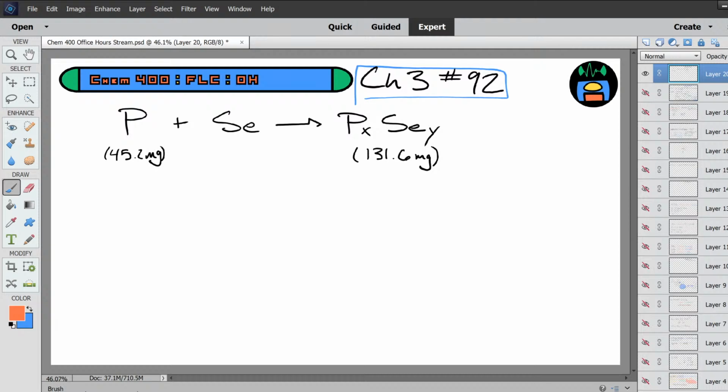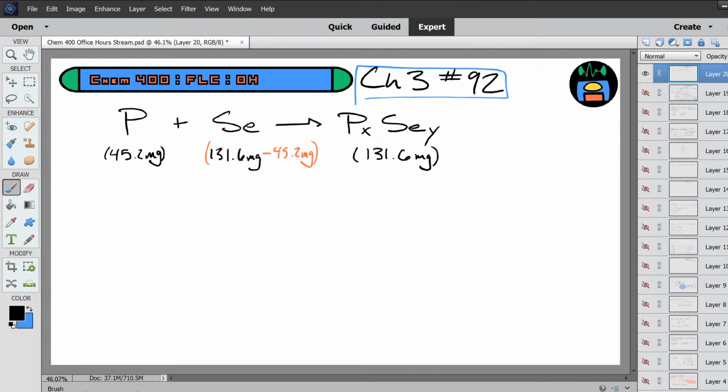So our mass of selenium then is the total mass of the compound, 131.6 milligrams, minus the mass of phosphorus. All right, so let's crunch this. 131.6 minus 45.2.